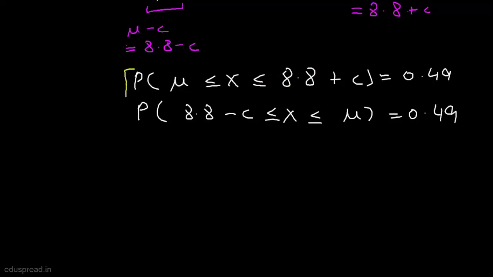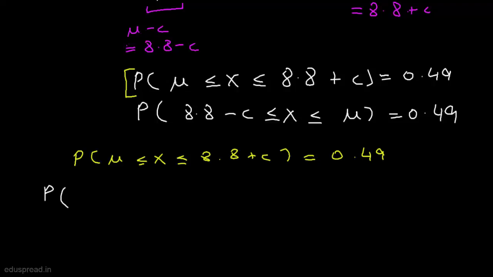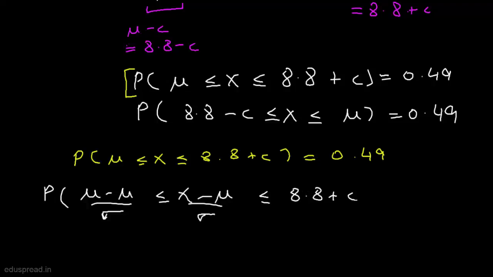Now let's proceed with this expression to find the value of c. Basically we are given that the probability that x is greater than or equal to mu and less than or equal to 8.8 plus c is equal to 0.49. Now we can normalize this. So we can write that this is equivalent to the probability that (mu minus mu) divided by sigma is less than or equal to (x minus mu) divided by sigma, less than or equal to (8.8 plus c minus mu) divided by sigma, and this is equal to 0.49.